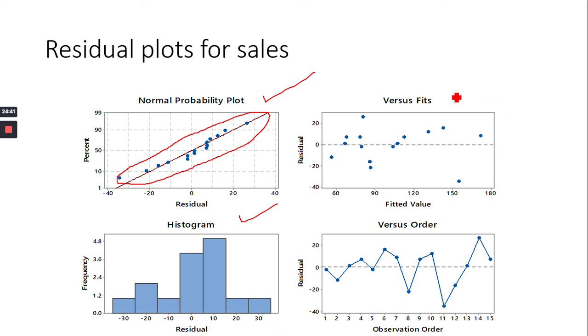Now, this one, residuals versus fits, is used to check the homoscedasticity assumption. We want these points not to exhibit any pattern. In other words, when you draw a shape around them, the shape must be rectangular. We don't want a shape that shows an upward trend, so that as the values become higher, the residuals also become higher.